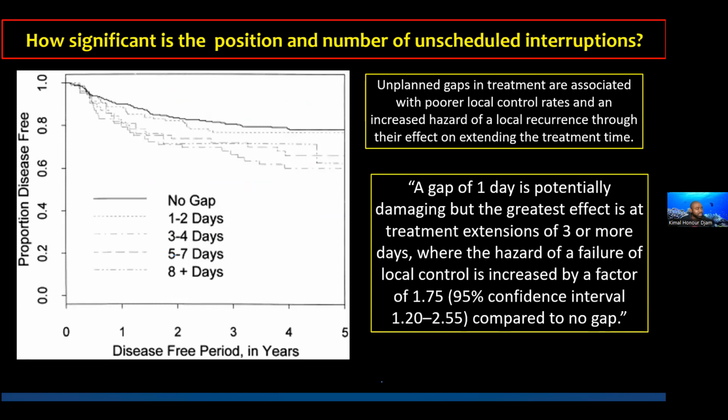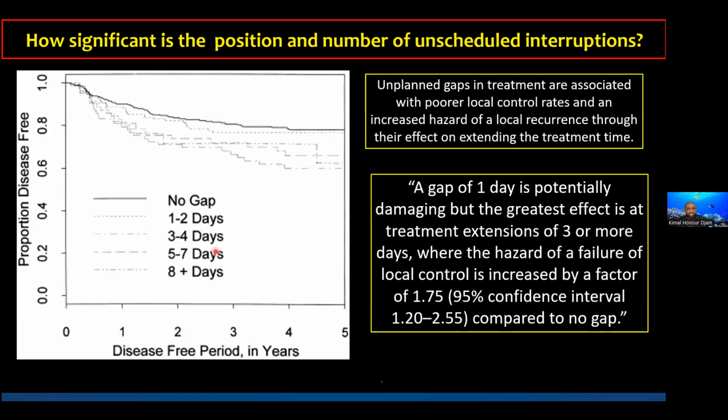Now, if you look at this graph, which is still from the study as mentioned, you can see that a gap of 1 day is really potentially damaging, but the greatest effect is at the treatment extension of 3 or more days. And so the gap of 1 day can be potentially damaging depending on what position it falls within the treatment, as we've already ascertained.